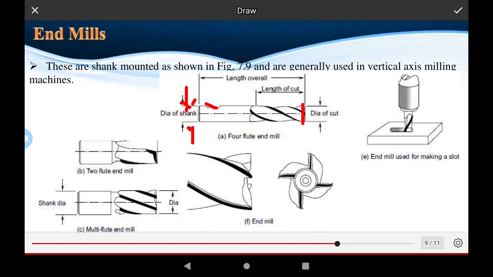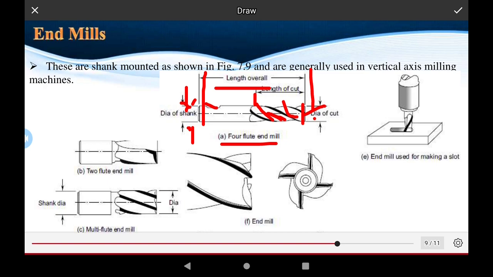This is the length of the cut, which generates the grooves of the workpiece. And this is the depth of the cut of the workpiece, and this is the overall length of the tool. Next, four flute end mills.